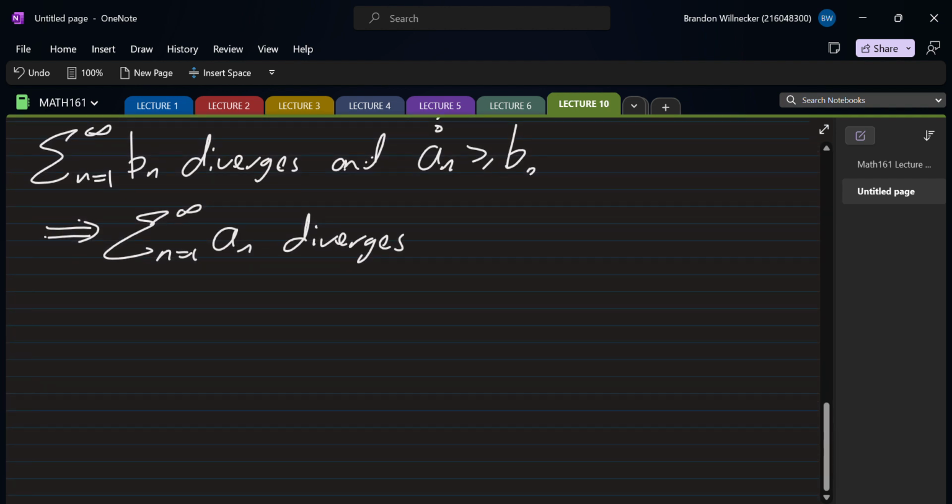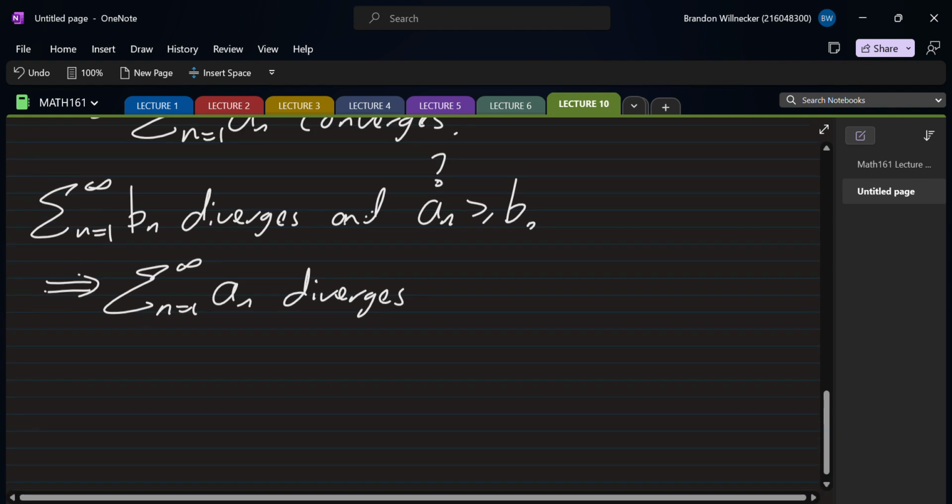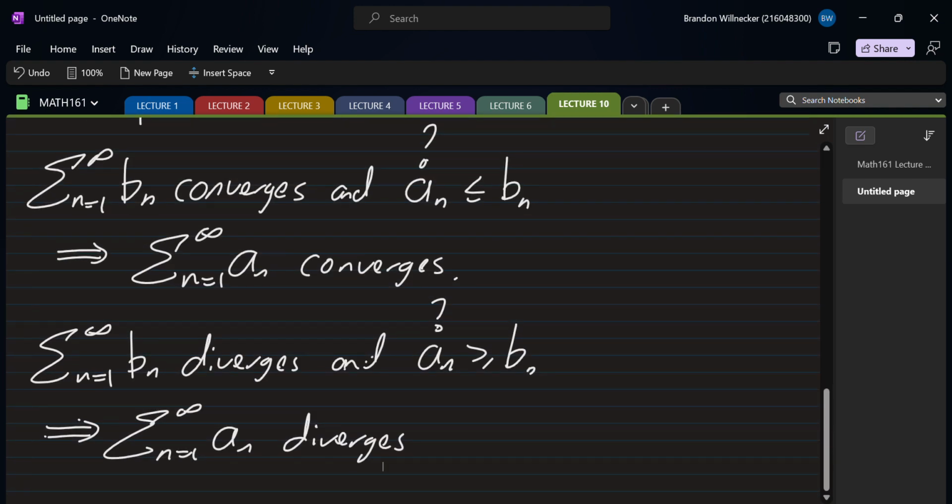If it's equal to, then we know already if it diverges. On the first one? No, it stays like that.